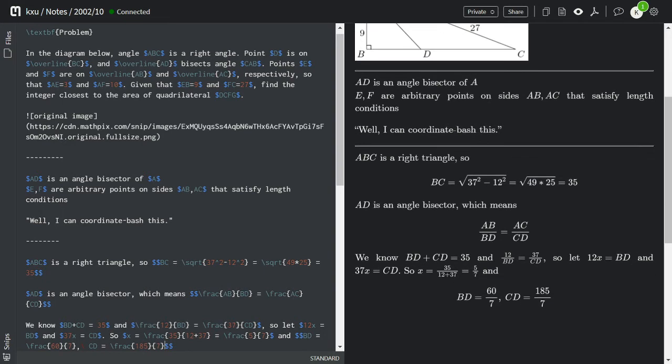Okay, so now that we found BD and CD, we can actually just begin coordinate bashing, but we'll try to find a synthetic solution instead.